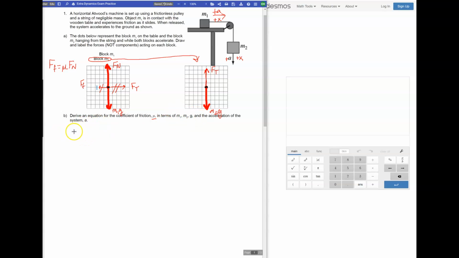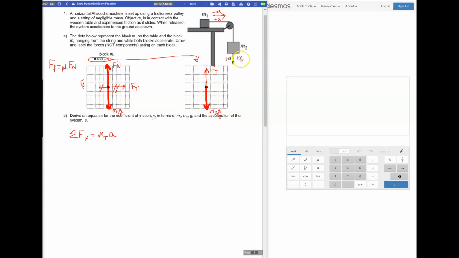That means we've got to do a sum of the forces equation. Let's do a sum of the forces equation in the x direction, and that means it's the total mass, because both of these masses are accelerating, multiplied times the acceleration. Let's do each picture one at a time.